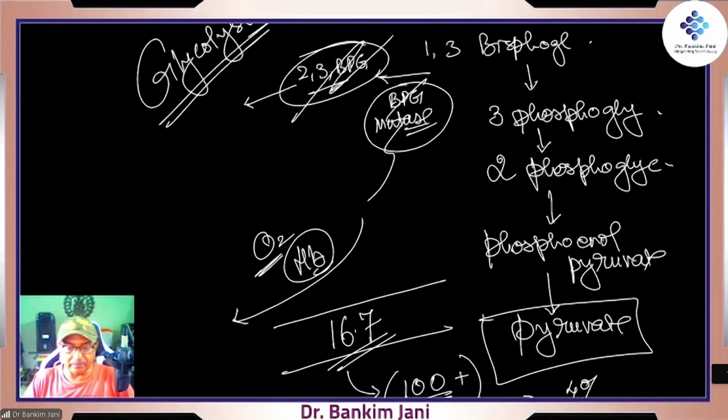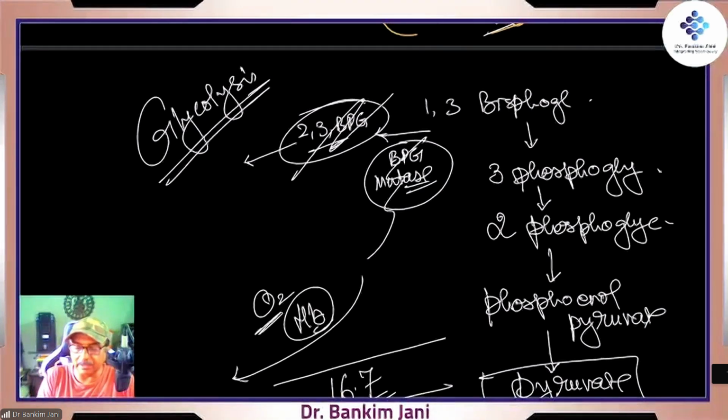Here is the process of glycolysis as such. The whole game starts with 1,3 bisphosphoglycerate. In the presence of BPG mutase, that is an enzyme, which acts on 1,3 BPG, it converts it into 2,3 bisphosphoglycerate, 2,3 BPG.